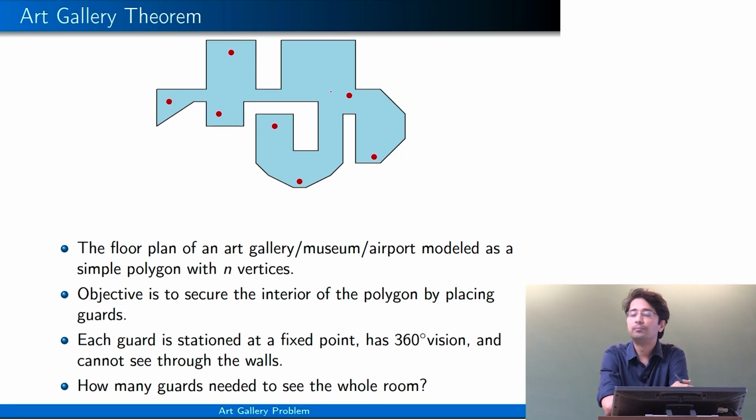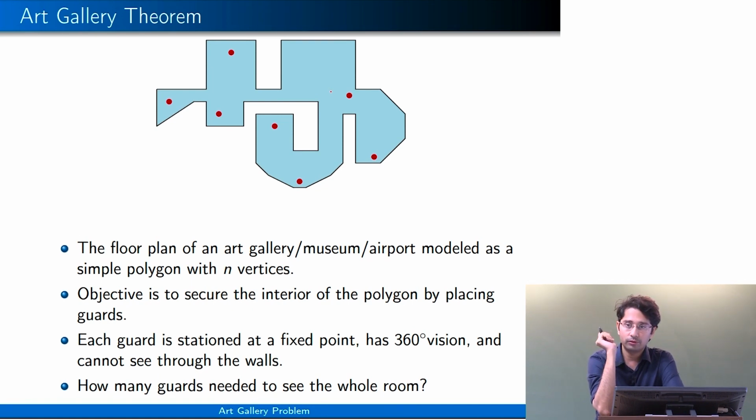So, the question is, how many guards do you need to guard the whole polygon? Clear? Is the problem statement clear?